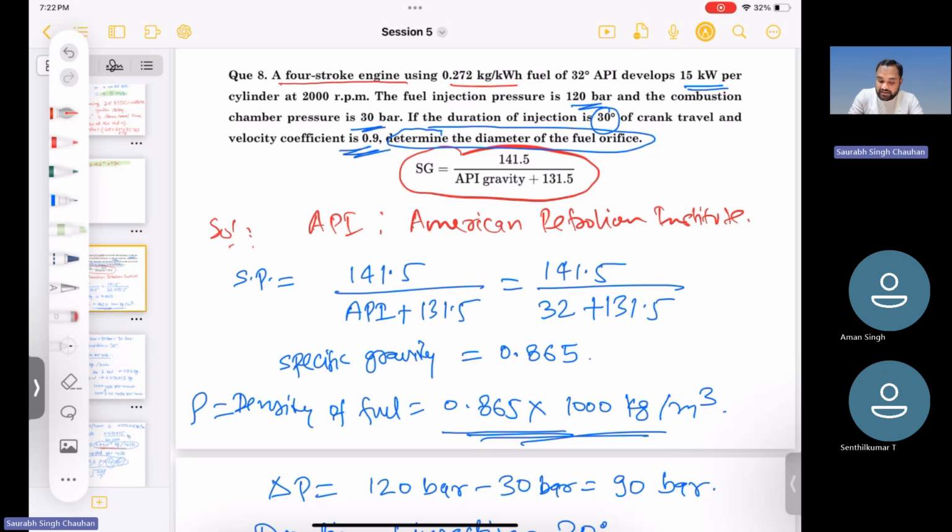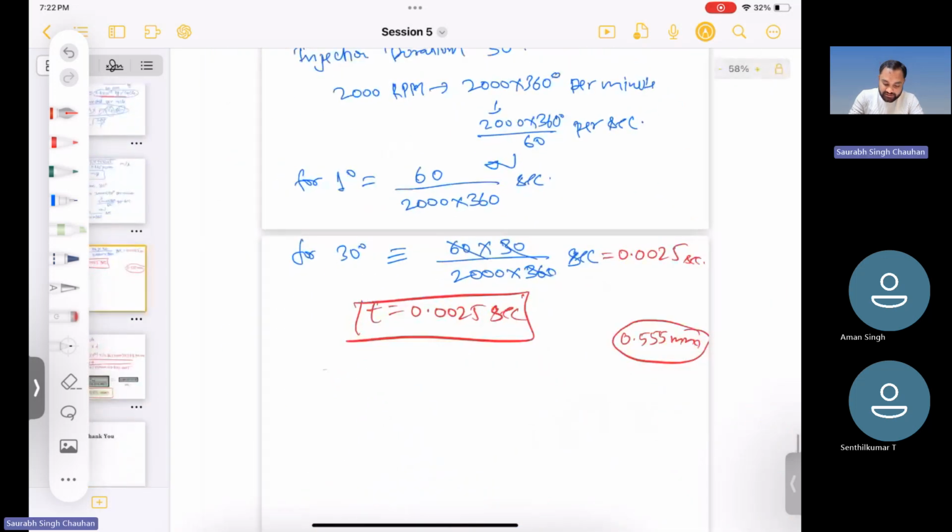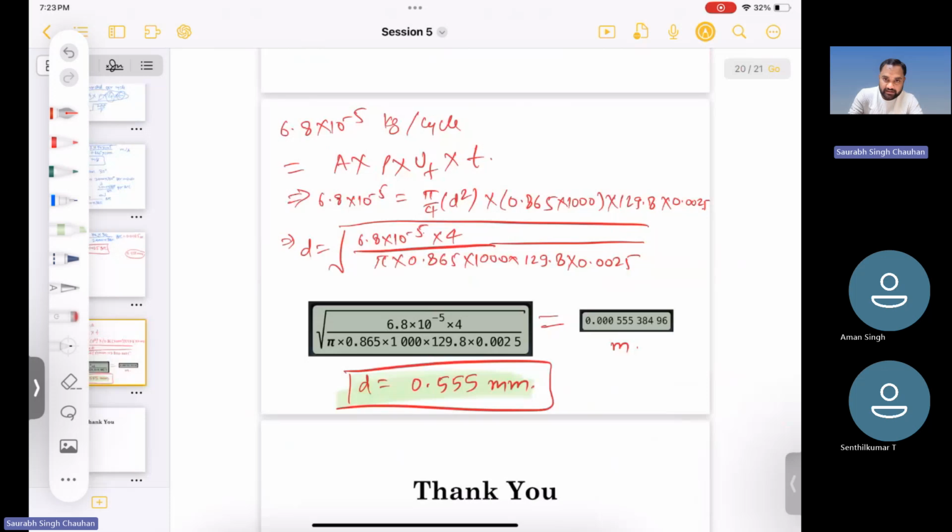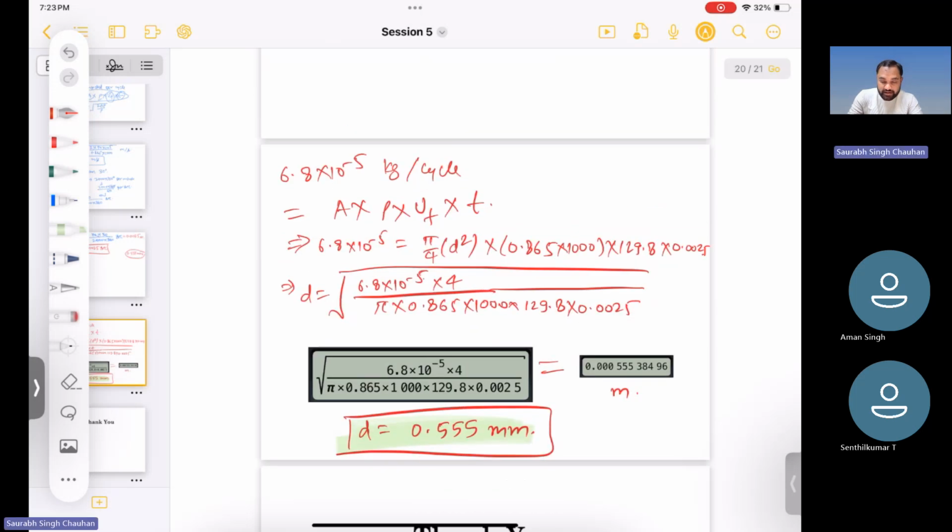Okay, now the injection duration is given in crank angle degrees, and engine RPM is given. So using these two values, you can calculate the injection duration in SI unit, or in seconds. Using these two equations, you have calculated fuel injection per cycle in two ways, right?